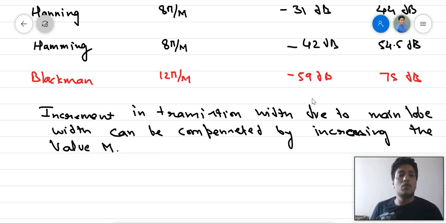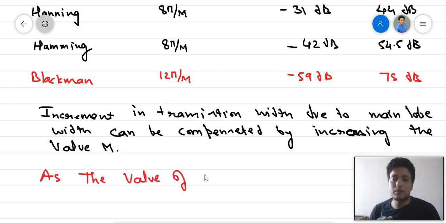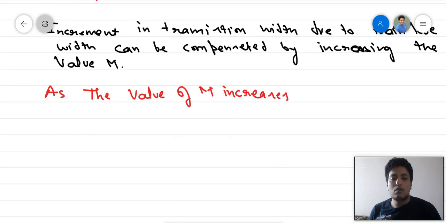Once we choose a window, we cannot modify these two terms. These are set with the window function. But we can always modify the transition width or the main lobe width by increasing the value of M. But as the value of M increases, complexity increases.